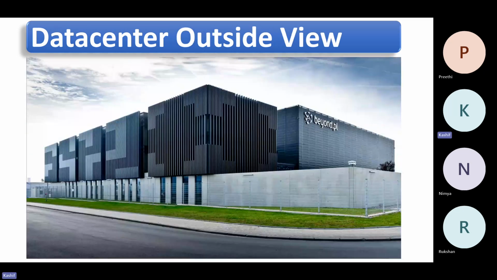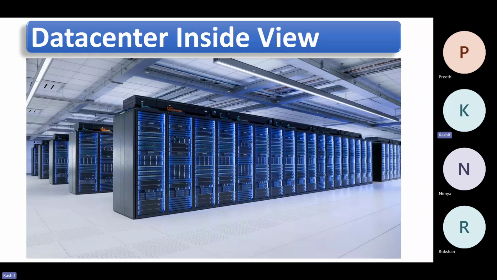Now this one is the inside view of the data center, wherein you have containers. As you see, these are the containers. Inside the containers, you have racks, and then on each rack, you have highly configured servers.